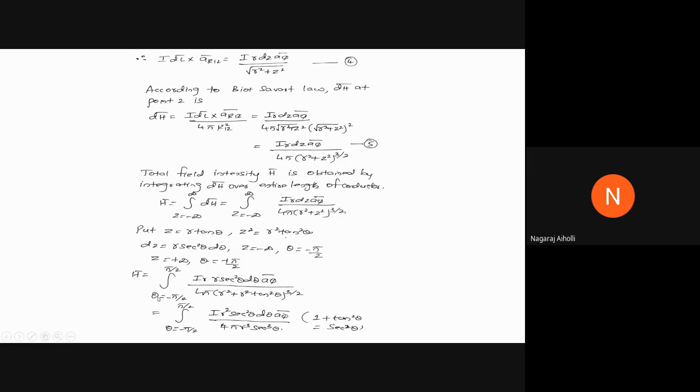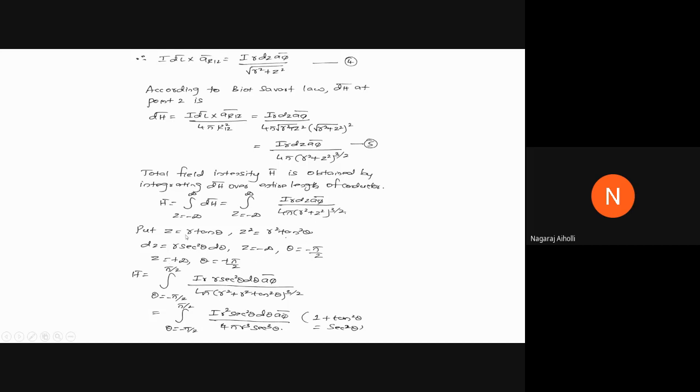H bar is equal to the integral from theta equal to minus pi by 2 to plus pi by 2. Then write this inner term I R as it is. Then dz is given by r secant square theta d theta. Write it: r secant square theta d theta a phi bar divided by 4 pi times (r square plus z square).